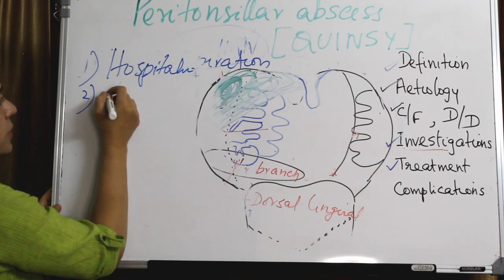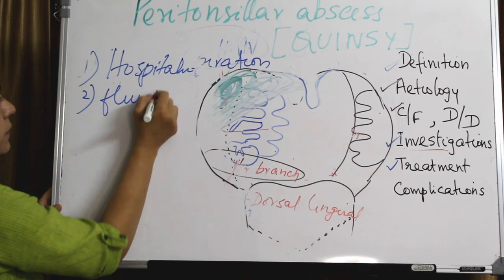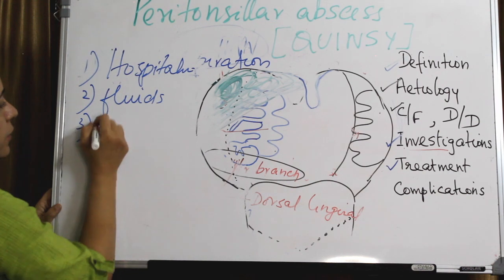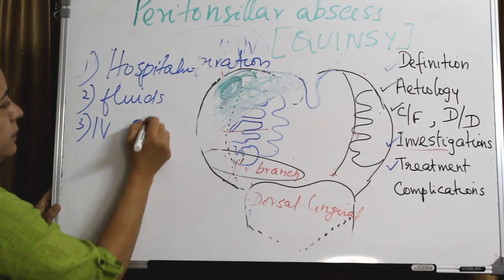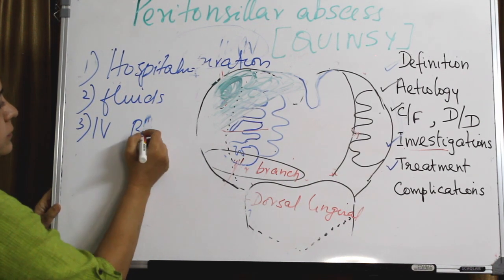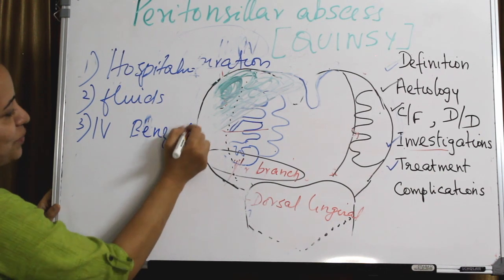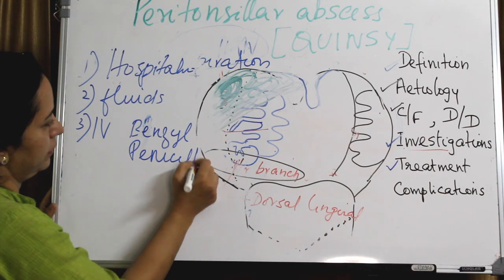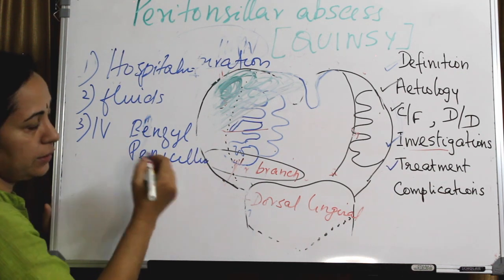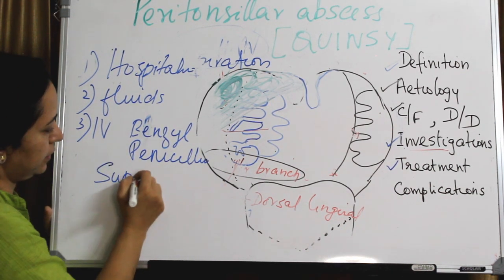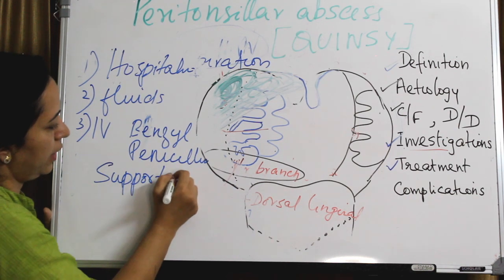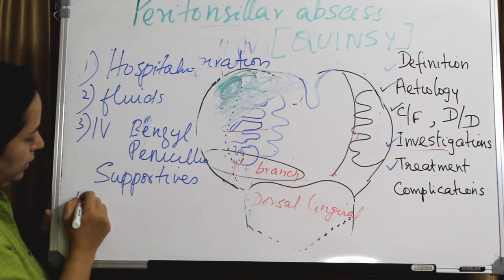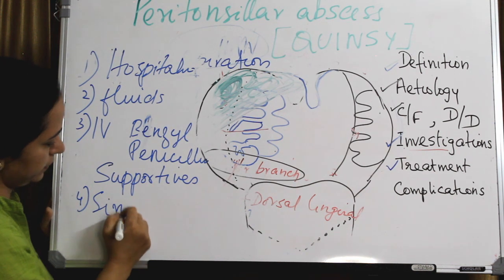then correction of fluid and electrolyte imbalance, then start IV benzyl penicillin. I am writing short forms, don't do that. Benzyl penicillin, along with the supportive management, that is analgesics and antipyretics, then a single dose of steroids.